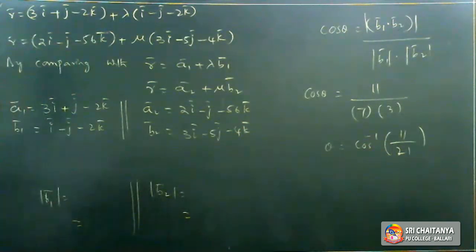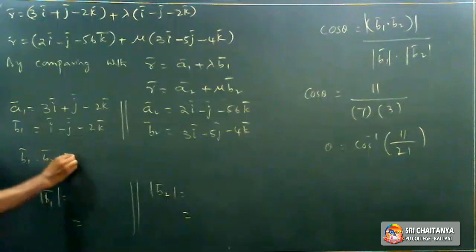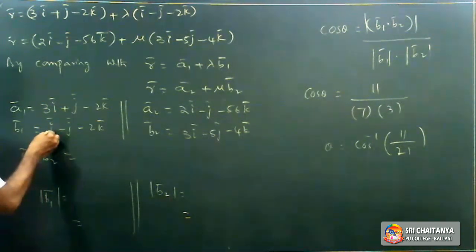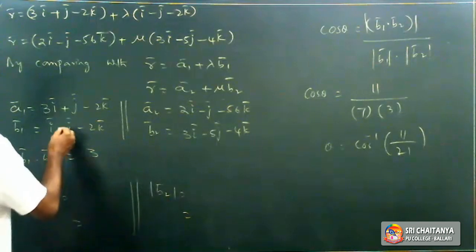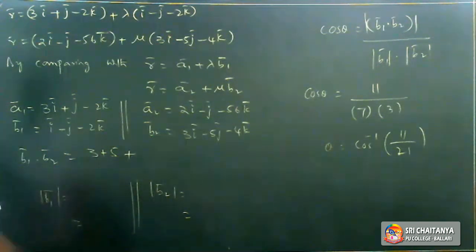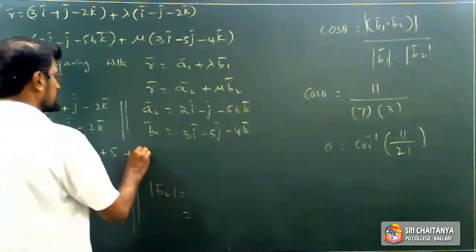Right? Now, if you find B1 bar dot B2 bar, we are going to get 1 into 3 minus 1 into minus 5 plus minus 2 into minus 4 is equal to 8.